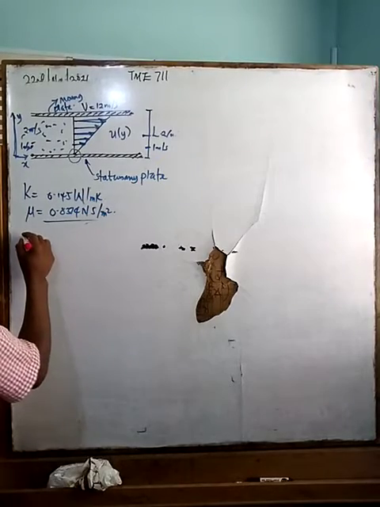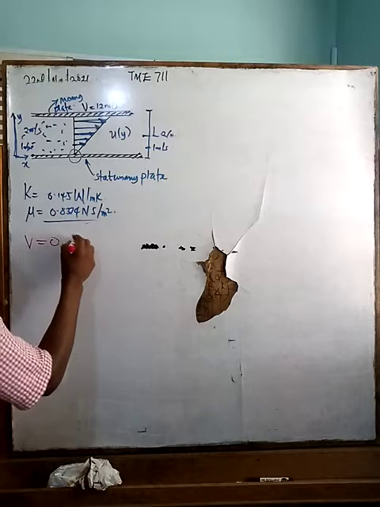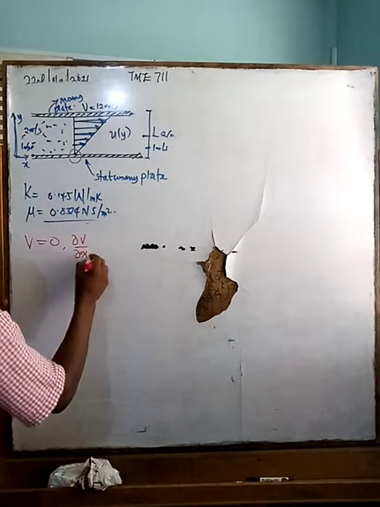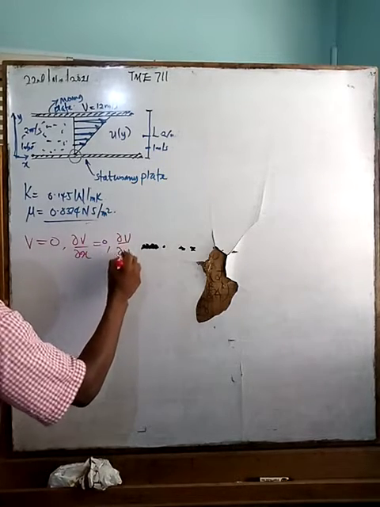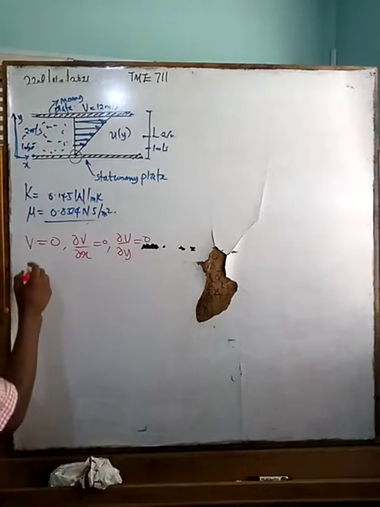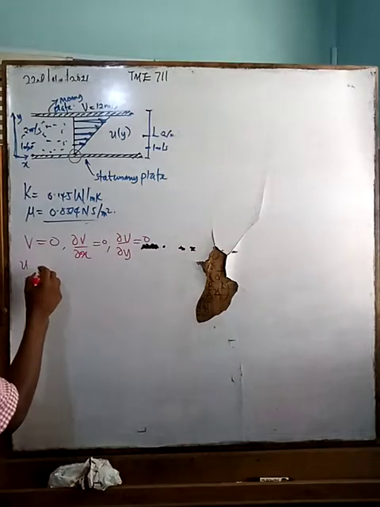Since we have v, the velocity on the y-axis, equal to 0, definitely the partial v over partial x is equal to 0 and the partial v over partial y is equal to 0. Also, we have our u, which is the velocity on the x-axis.